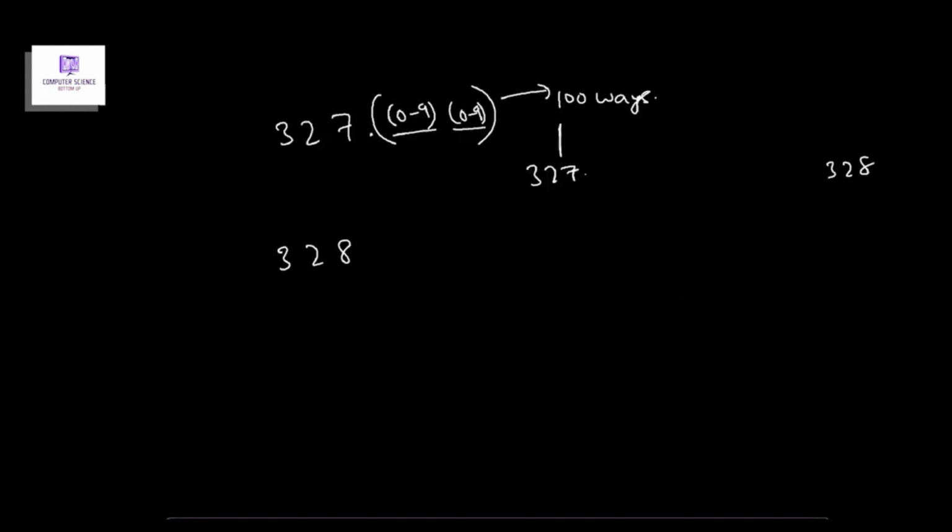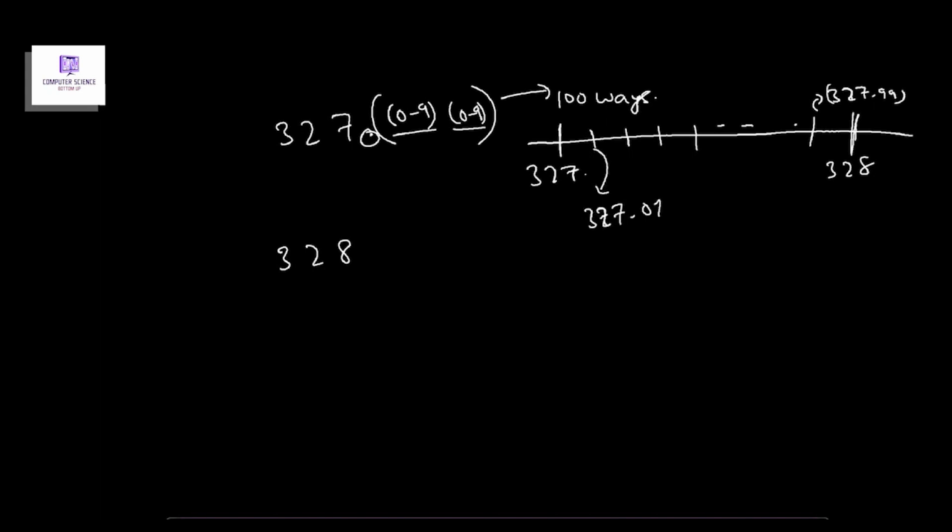Between 327 and 328, because there are two digits after this dot, it is divided into 100 parts. This part will be 327.99, this part will be 327.01.